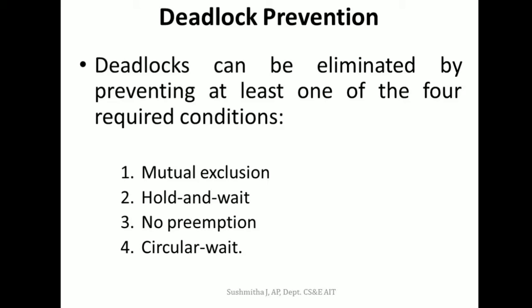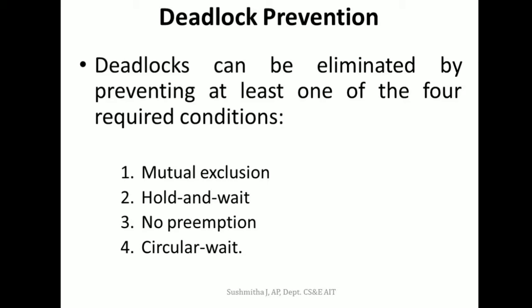That is, we are preventing the deadlock from occurring itself, and we make sure that no deadlock occurs. Now, how could we prevent a deadlock from occurring? We can do so by eliminating one of the necessary conditions.